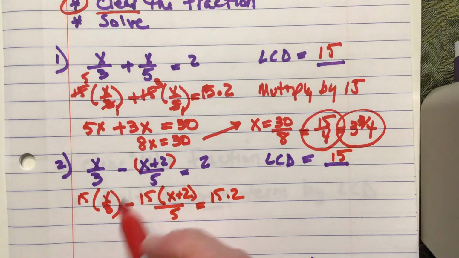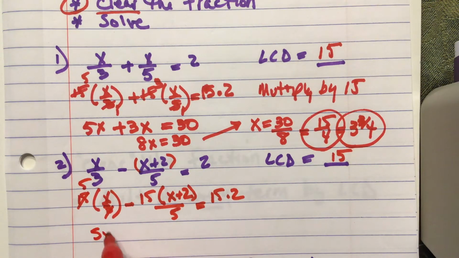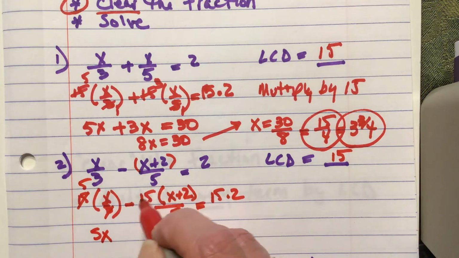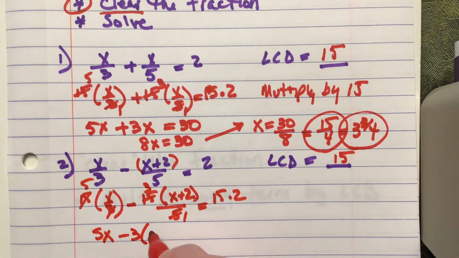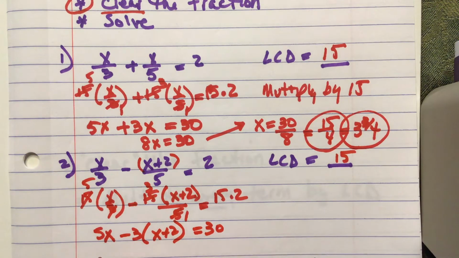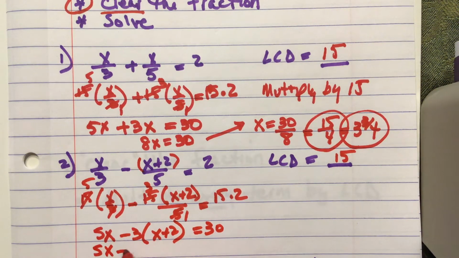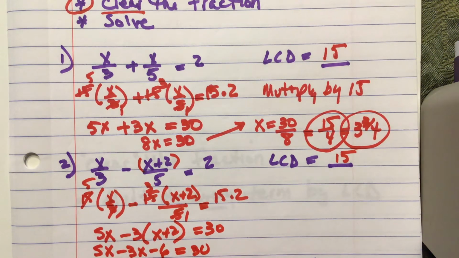And again, 3 goes into 3 once, 3 into 15 5 times. This becomes 5x. Here I can cancel and get 3. Minus 3, I have a parenthesis though, x plus 2 is equal to now 30. So I can distribute. I have 5x minus 3x minus 6 is equal to 30. I'm distributing the negative 3 there because I'm subtracting that whole fraction.